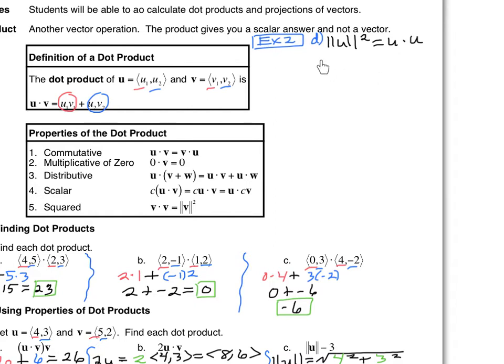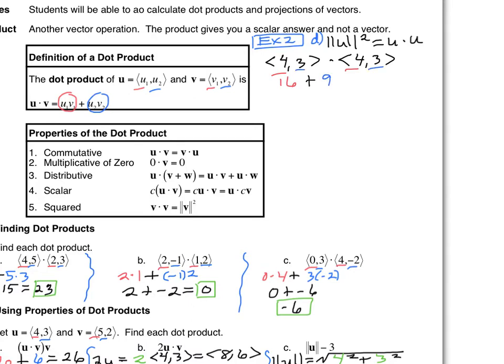which means that you could find the dot product of a vector times itself 2 different ways. You could either just do it as a regular dot product, or you could take its magnitude and square it. Either way. And so let's take u times itself. So u is 4, 3. I'm going to multiply that to itself. So the x's, 4 times 4 is 16, plus the y's, 3 times 3 is 9.